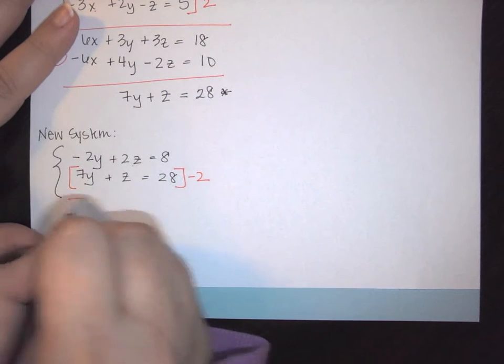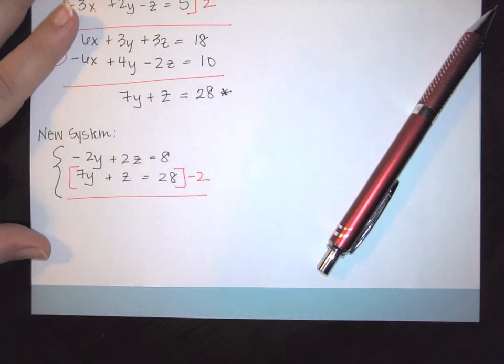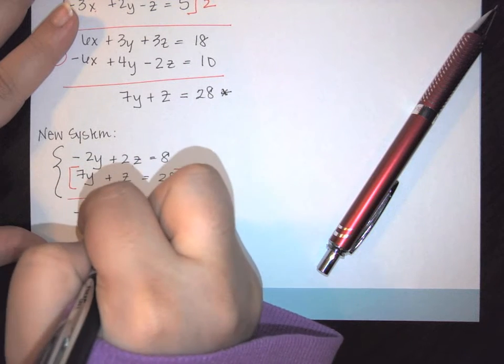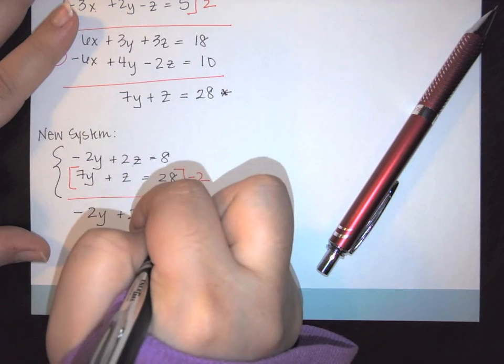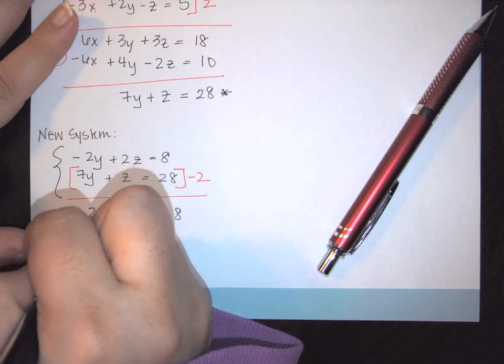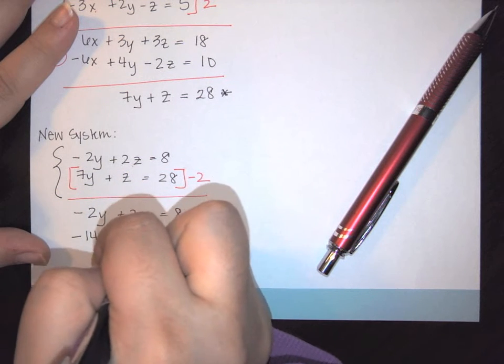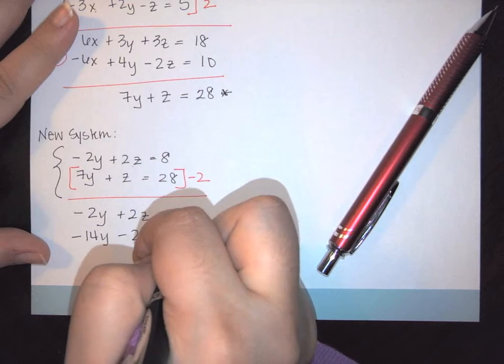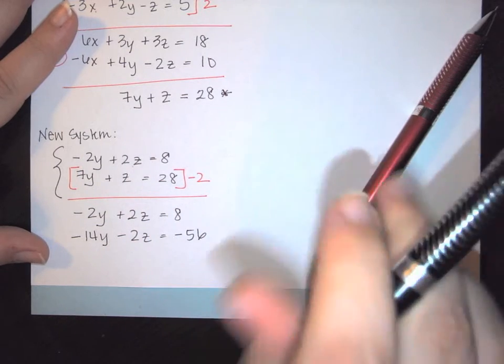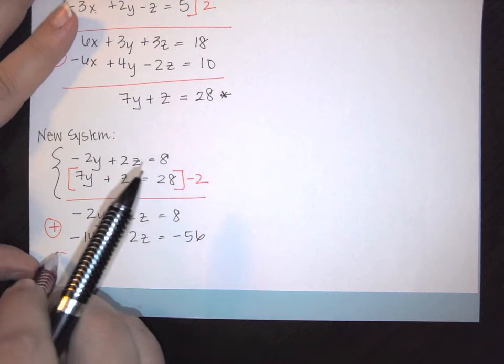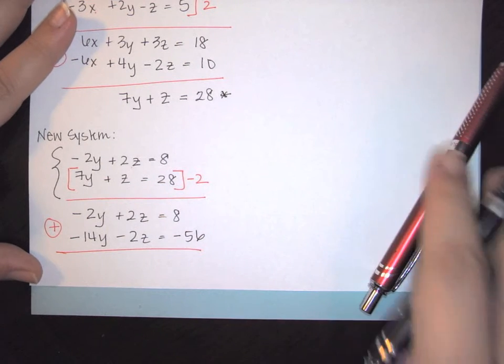So when I do that, I'm going to have the negative 2y plus 2z is equal to 8 still on top, but this is going to be negative 14y minus 2z equals negative 56.